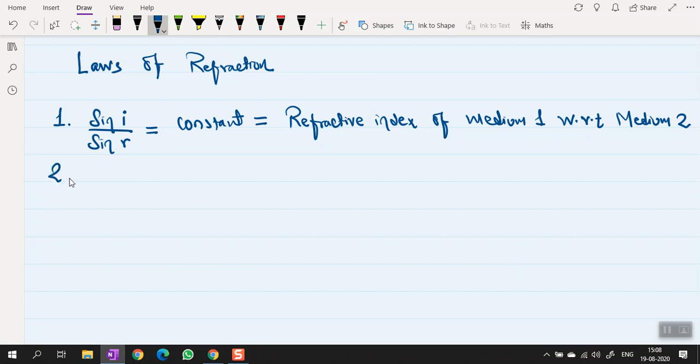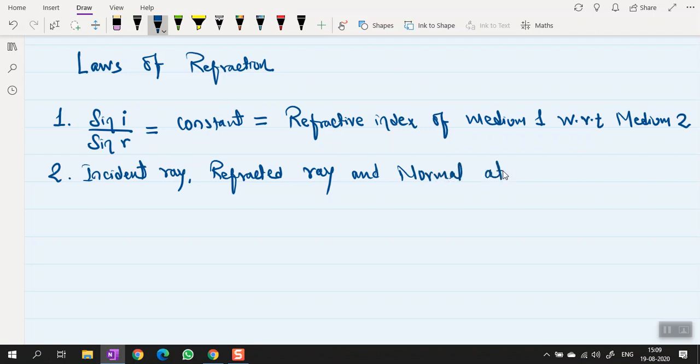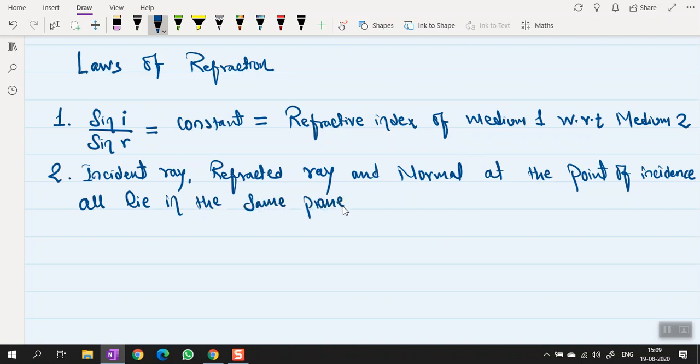Okay, so this is the first law of refraction. What is the second law of refraction? Incident ray, refracted ray, and normal at the point of incidence all lie in the same plane.